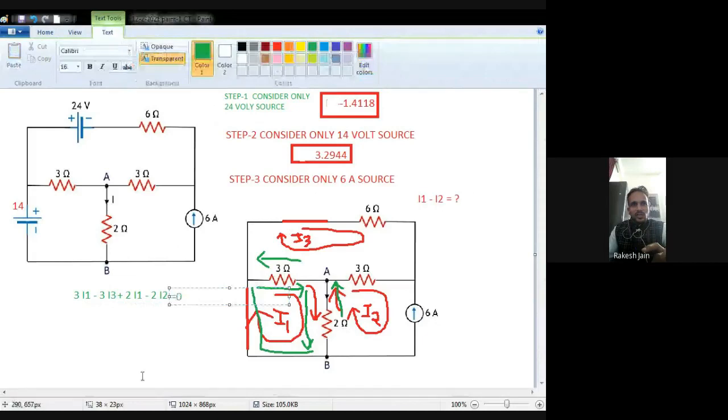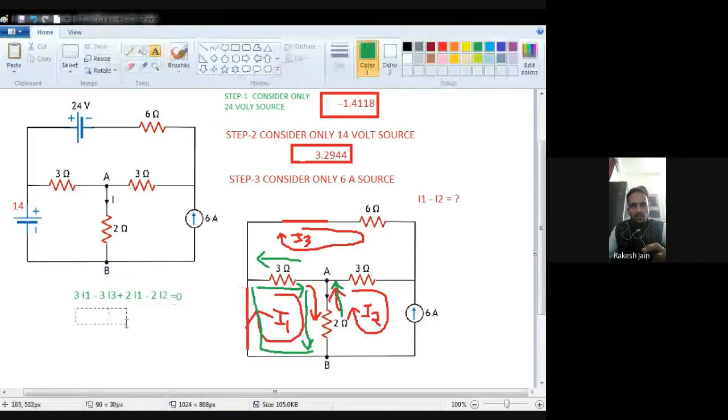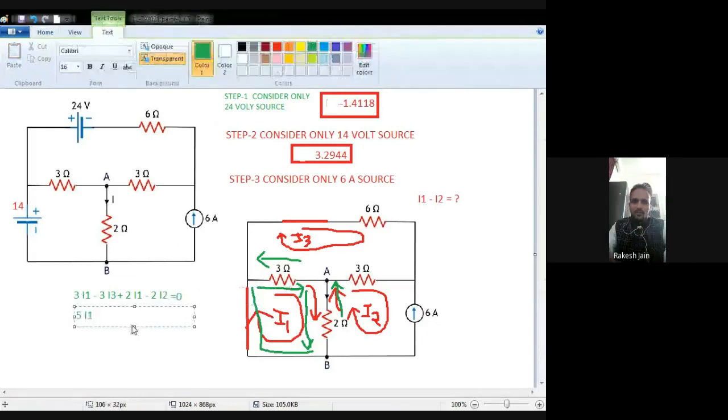So now once again I draw this diagram. This is 14 volt. Okay, just shift it. This is actually 14 volt.